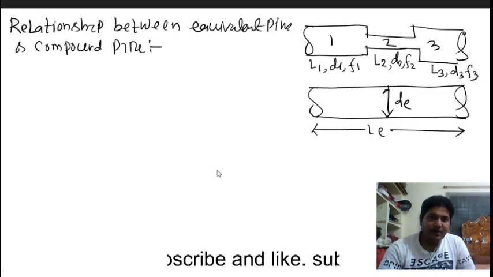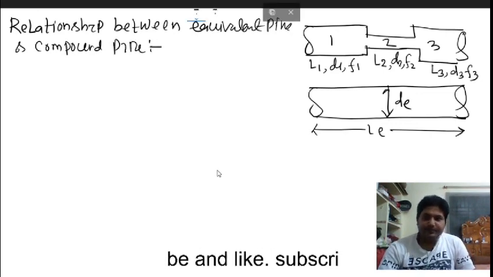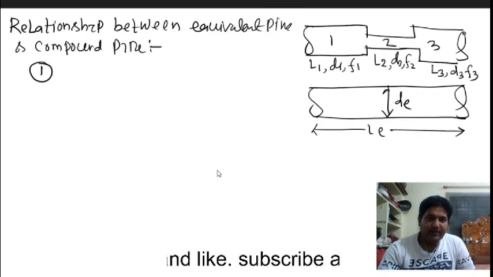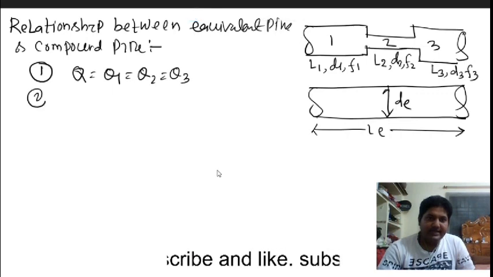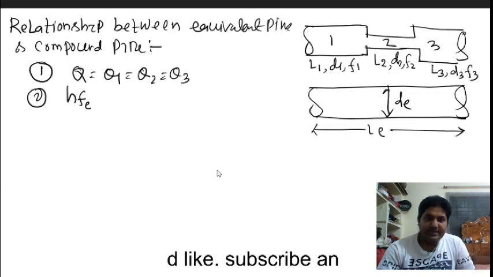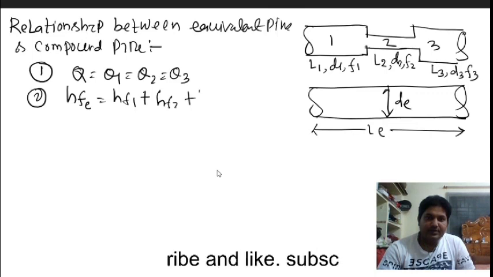Okay, now we already know the compatibility equation. This Q will be equal to Q1 will be equal to Q2 will be equal to Q3, and second one, head loss in all this compound pipe HFE will be equal to HF1 plus HF2 plus, suppose, HF3.